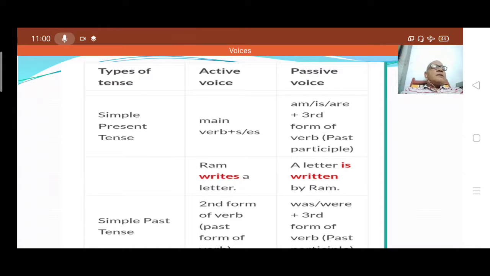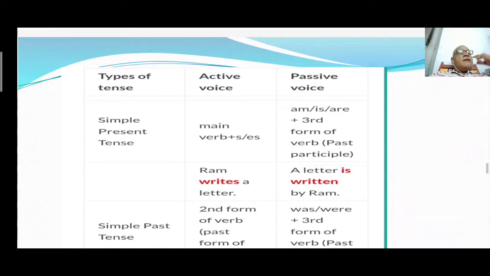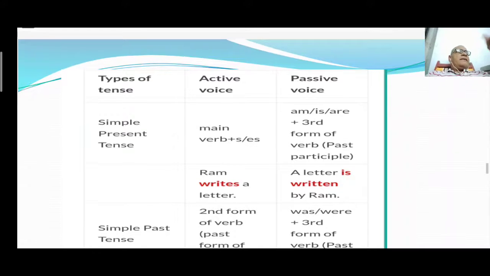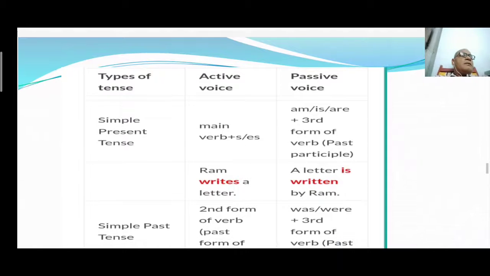Rama does not write a letter will be the negative one. In some cases, interrogative sentences are also there. Does Rama write a letter? Exactly the same pattern, using only the negative one. For example, Rama does not write a letter. The passivization: a letter does not written by Rama.